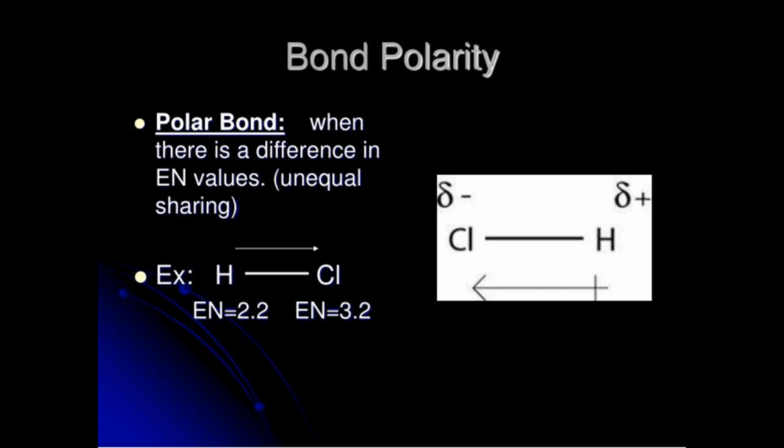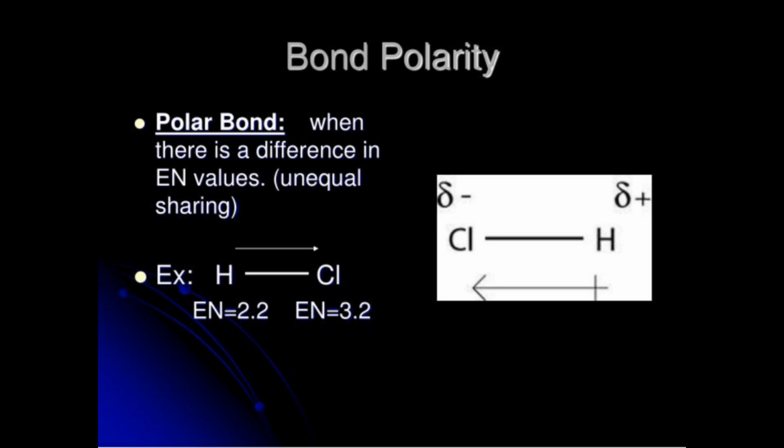bond polarity. So when we look at polarity, we can have polar covalent bonds and non-polar covalent bonds. A polar bond occurs when there is a difference in electronegative value, and it usually involves unequal sharing.